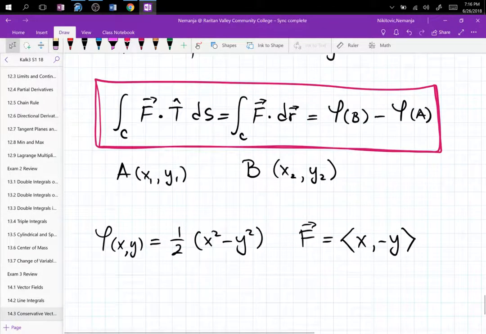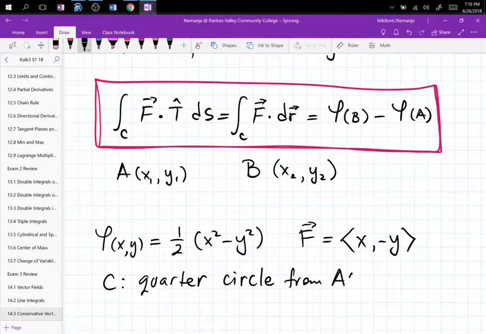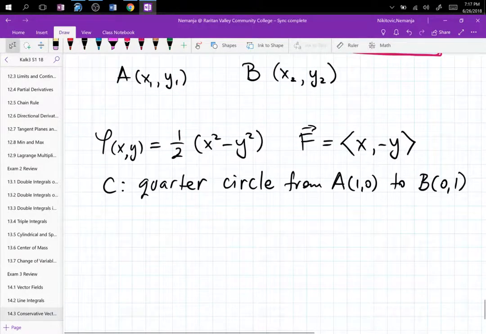You are looking for the line integral, where C is given to be the quarter circle from A (1, 0) to B (0, 1).